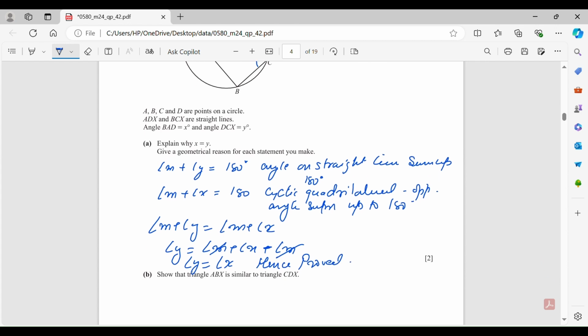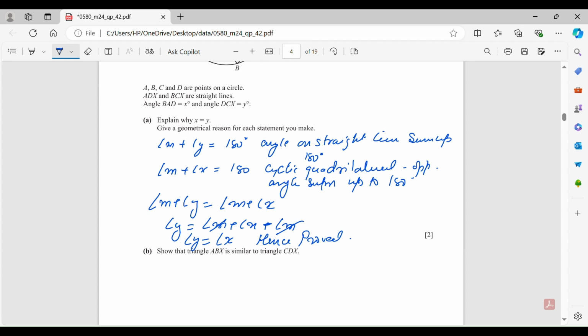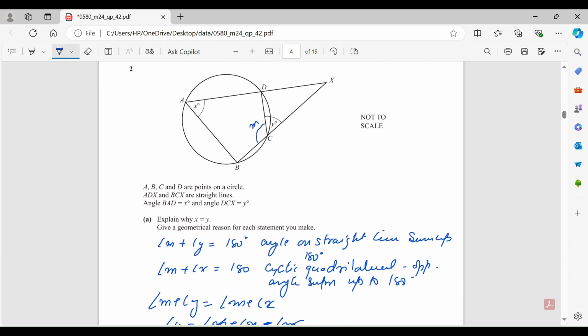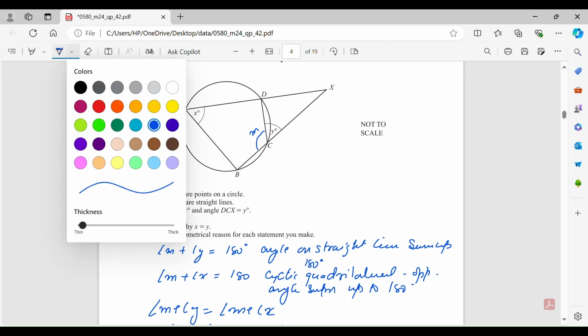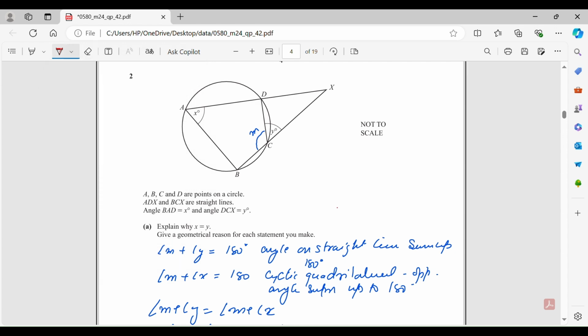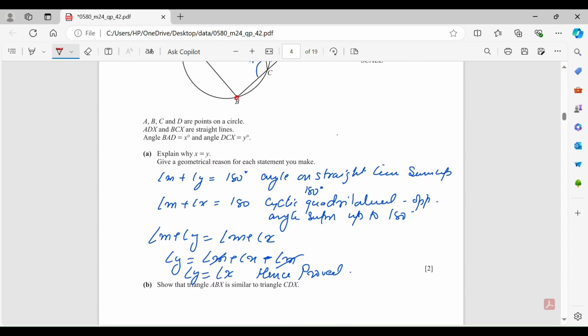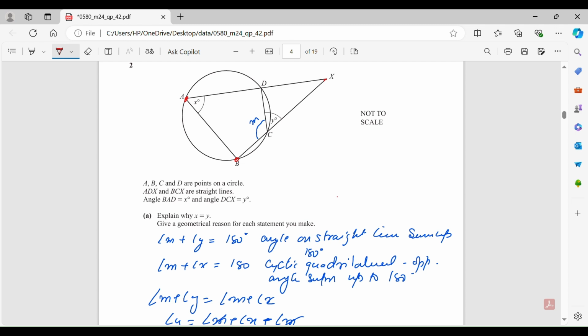Next, B part. Show that triangle ABX is similar to triangle CDX. We need to prove this. Let me change the color of my pen. Triangle ABX is similar to triangle CDX. Now angle X is equal to angle Y, we have already proved.